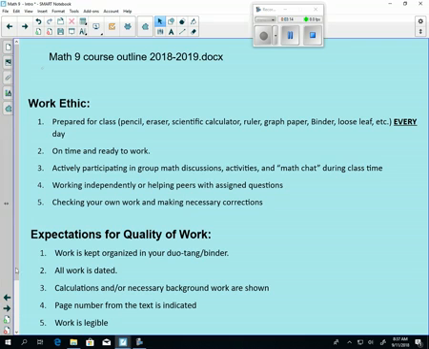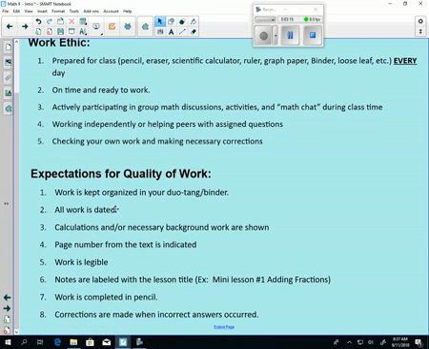Keep your work organized. When you submit your assignments, make sure they are dated, indicate the lesson title so I know which one it is, and make sure your name is on as well. Show all your calculations, not just the answer, so we can see at which step an error has occurred. If it is a textbook page, generally I'll be photocopying or PDFing it, so please indicate that number as well.